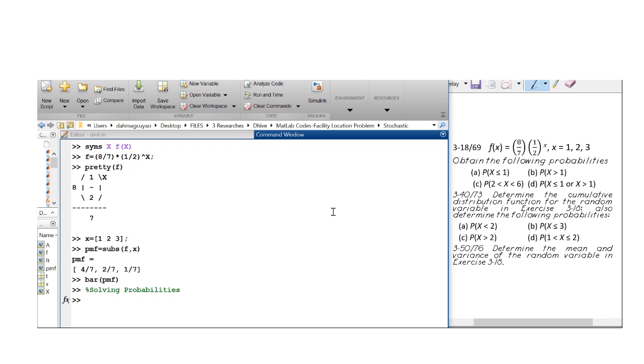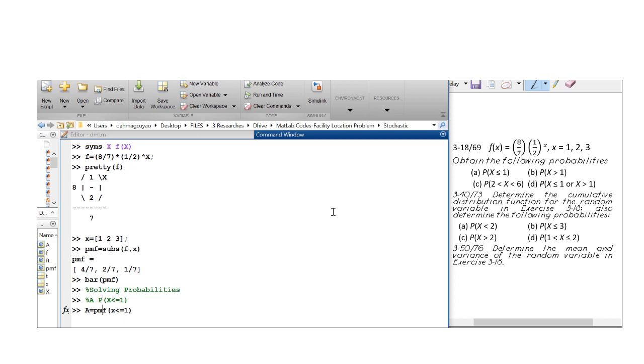For letter A, we want to get the probability of x less than or equal to 1. To solve for this, we take x less than or equal to 1. What are the values of the PMF with x less than or equal to 1?